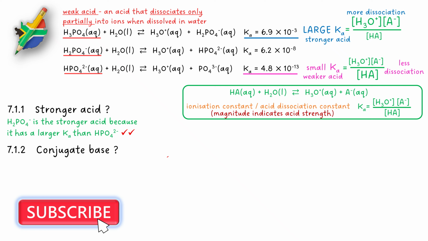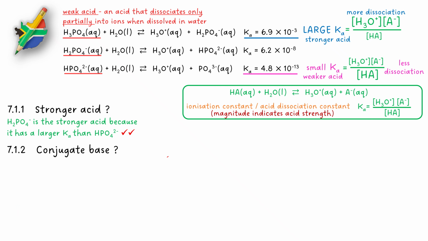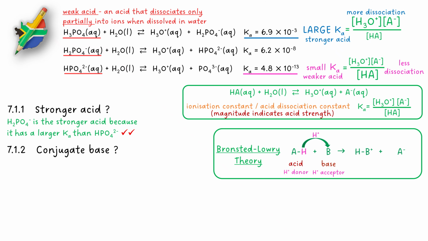Next, we must identify the conjugate base of the H2PO4- ion, and we must write down its formula. In Bronsted-Lowry theory, an acid is a hydrogen ion donor and a base is a hydrogen ion acceptor. An acid differs from its conjugate base by a hydrogen ion.